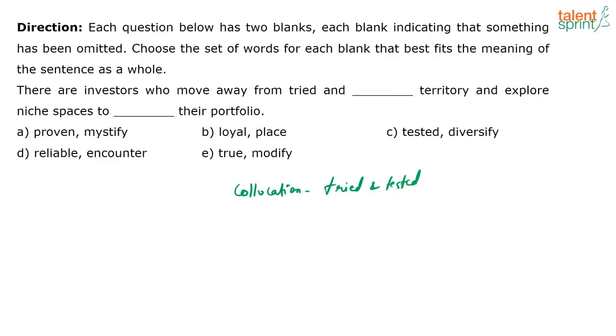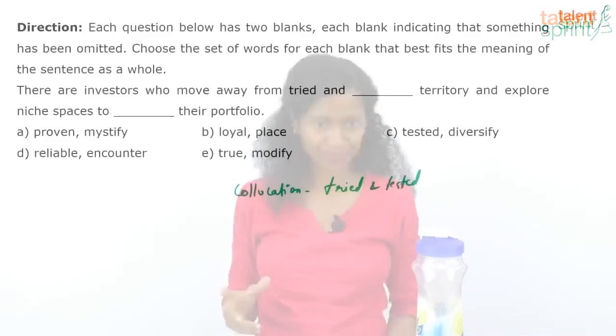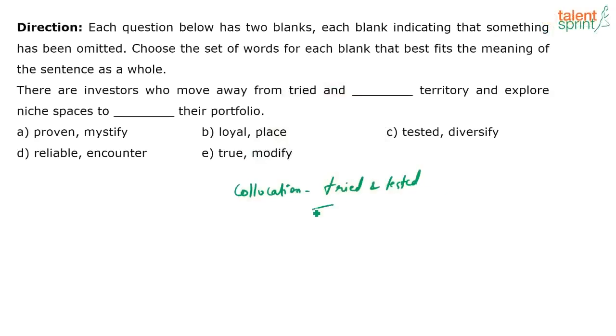So in the context, there are investors who move away from tried and tested territory and explore niche spaces to diversify their portfolio. So they're looking for change, right? They're looking for diversification. So the collocation is tried and tested. If you know this, you'll close your eyes and choose option C. You will not waste time.